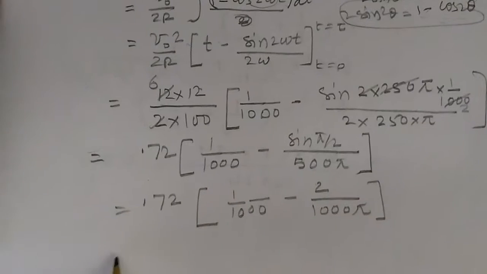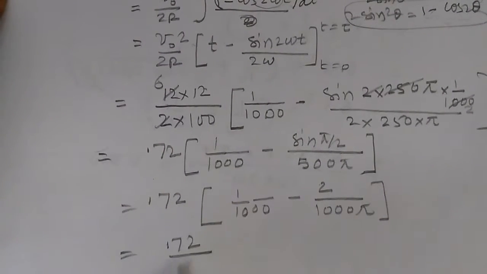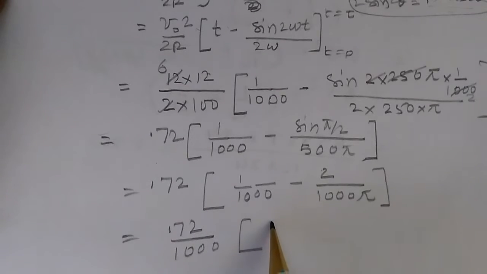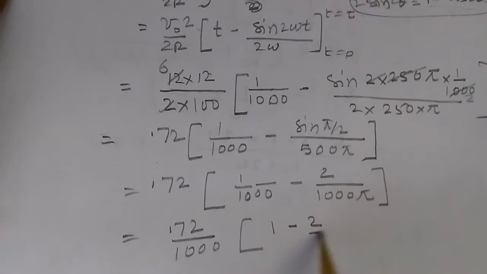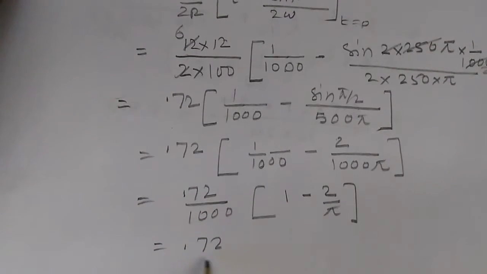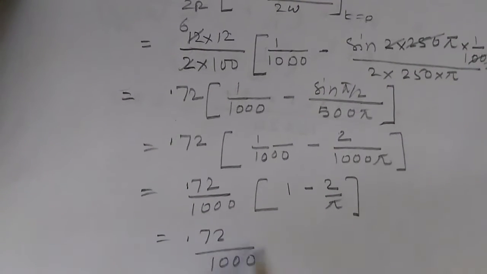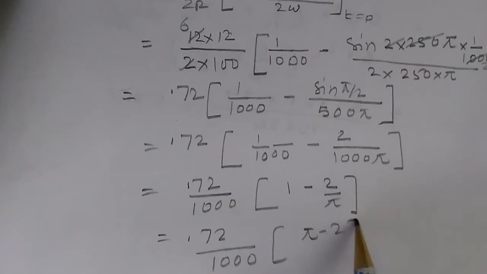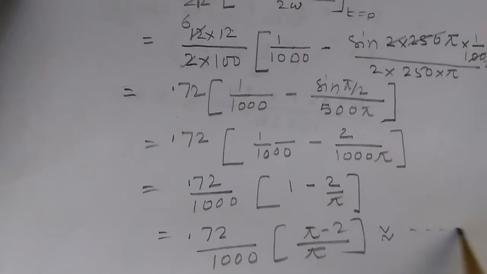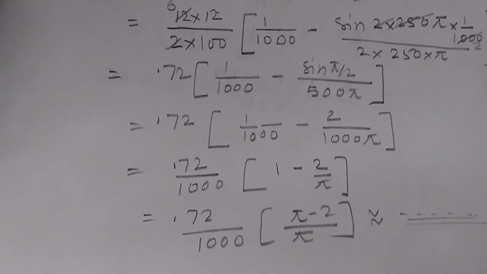We can take out 1000 outside, so 0.72 divided by 1000 multiplied by 1 minus 2 by pi. You will simplify and find out the answer. I will leave it to you as an exercise.